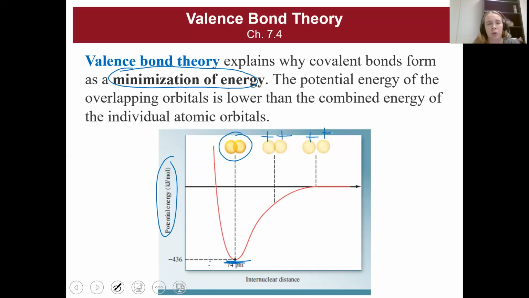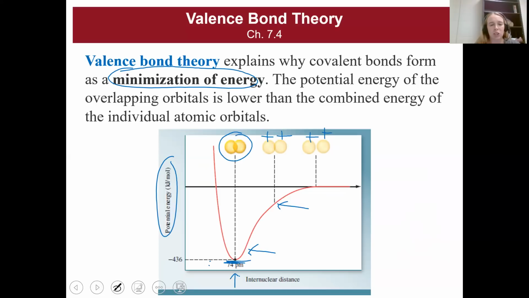The potential energy of the overlapping orbitals is lower than the combined energy of the individual atomic orbitals. So the potential energies of these atomic orbitals added up is more than the potential energy of the overlapping orbitals when they get to just the right distance apart, this 74 picometers.